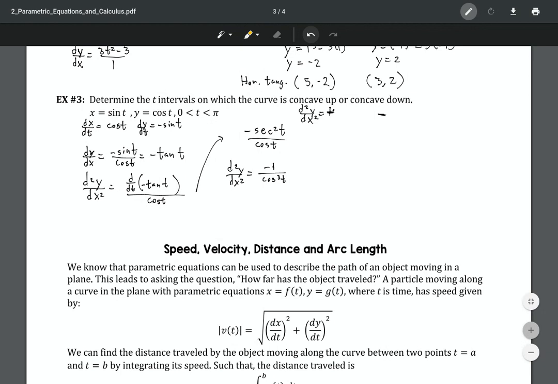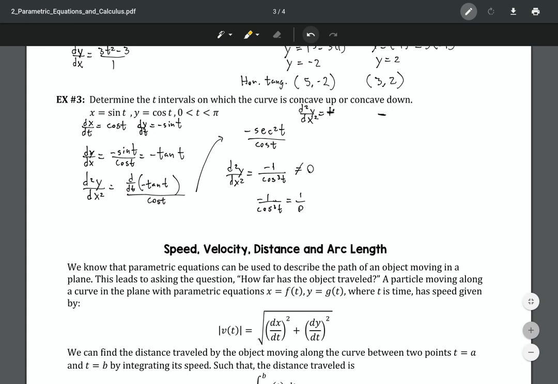Now, to figure this out, we're going to have to do sign analysis. So we're going to set that equal to 0, which never happens. So this will not be equal to 0 ever, so that's not really going to be a problem. The other thing we need to figure out is where this is undefined, where this is equal to 1 over 0, if you will.